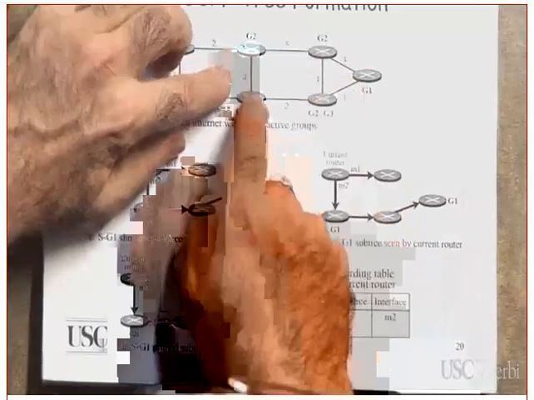The PIM does not depend on the underlying unicast protocol, whether it's DV or SPF. It will work either way. Clear? So it does not depend on the underlying unicast routing protocol.